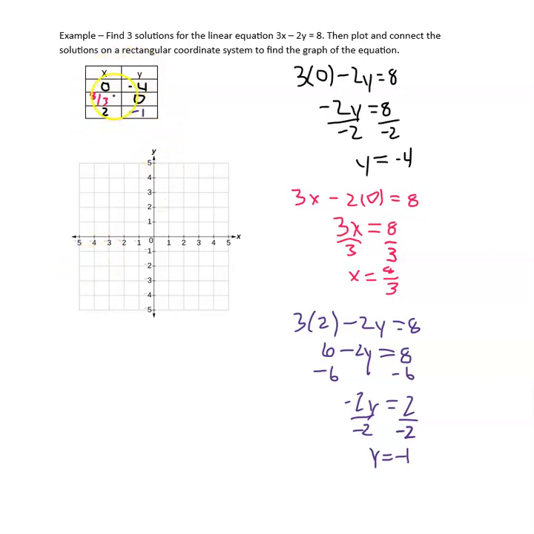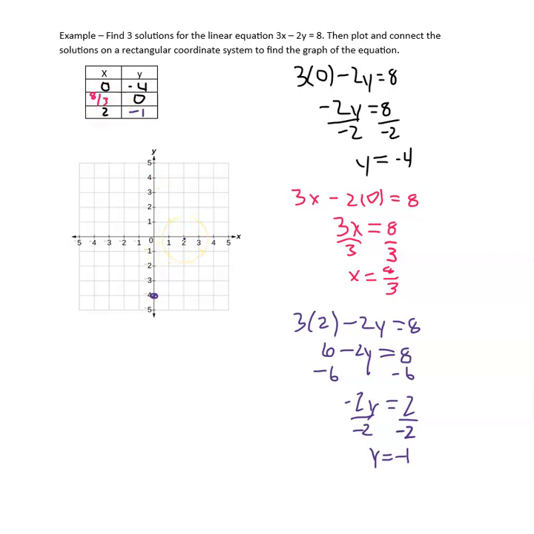So now we are ready to plot the points, the solutions, the ordered pairs that we came up with, and then we can connect those in order to graph the equation itself. So I have 0, negative 4, so I'm going to go 0 on x and negative 4 on y. And there's my first point. You'll notice this one's going to be a little harder to graph because it's not an integer, but we can convert 8/3 into 2 2/3.